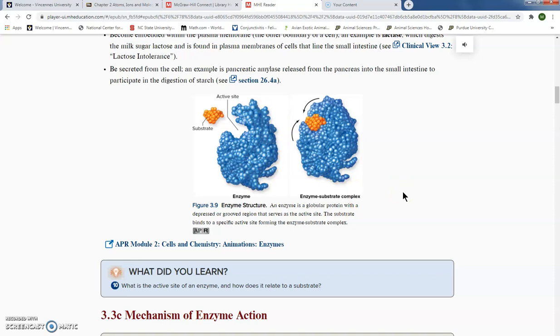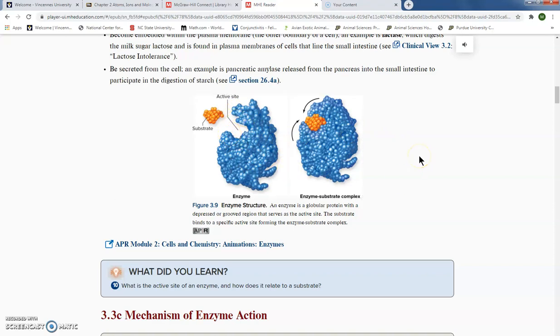Okay, since we're looking at this picture, we'll talk about the specific components of an enzyme. You'll notice with this enzyme there's one area they call the active site. The active site is a specific shape, and this enzyme has this specific shape of its active site.